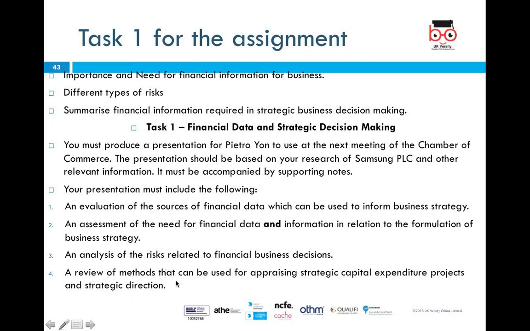You can get some information from the Samsung PLC annual report and the Samsung PLC home website about their strategic capital expenditure projects and other strategic directions for this review of methods.